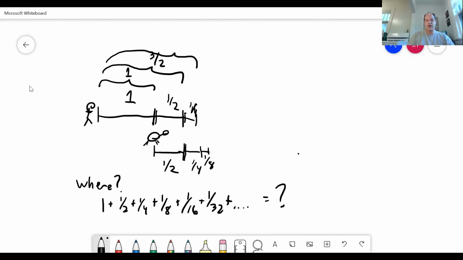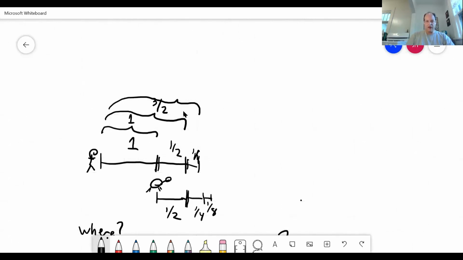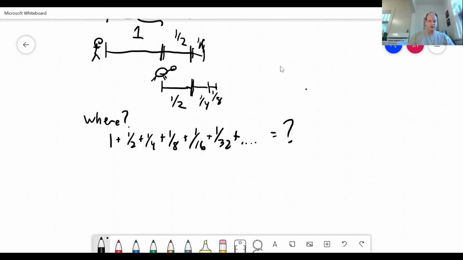After this third leg, he's, I'm losing space here, 7/4 of a mile into the journey and so on. So we got 1, our first leg is 1. Our second leg of the journey is 1 plus a half miles long, which is 3/2 of a mile. The third leg of our journey is 1 plus a half plus a fourth, which is 7/4 of a mile long, and so on and so forth.